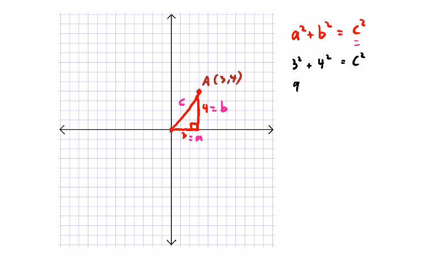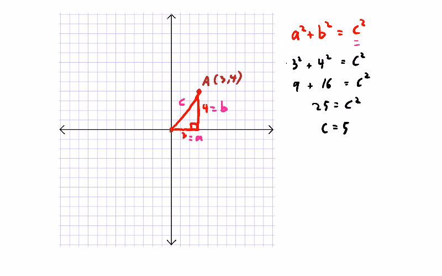Working this out, this equals 9 plus 16, and therefore 25 must be C squared. Well, this one works out very nicely. If 25 is C squared, the length of C must be 5. So if we went over 3 units to the right and 4 units up, the diagonal between the origin and A has a length of 5.